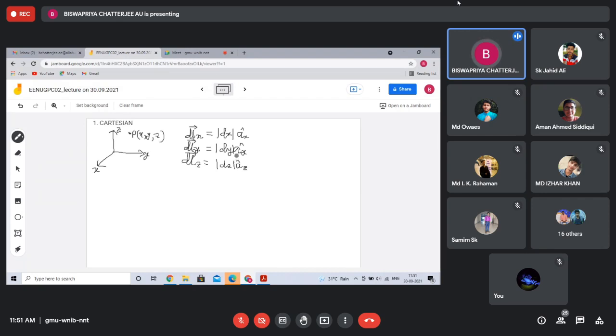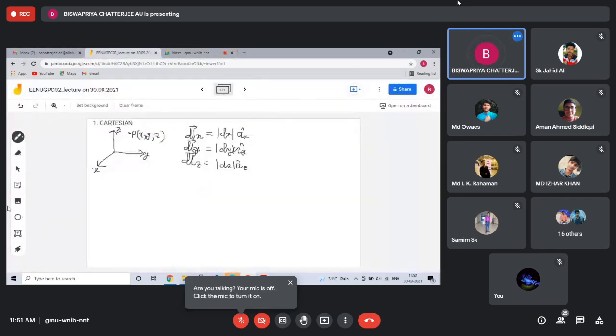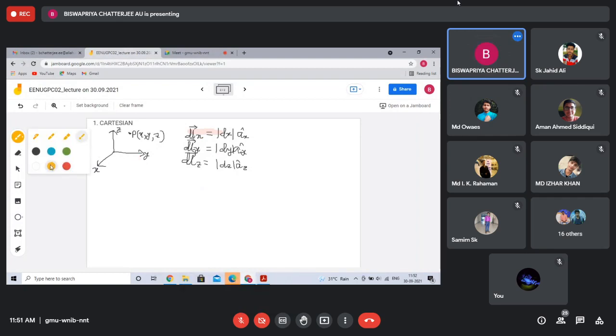So these three are the differential line elements in the Cartesian system: dlx, dly, dlz.